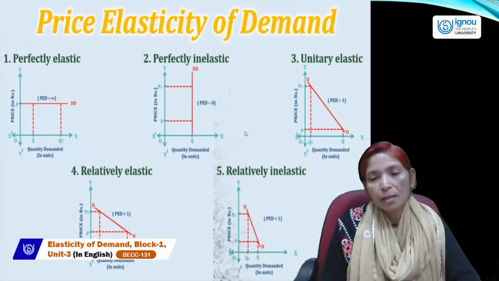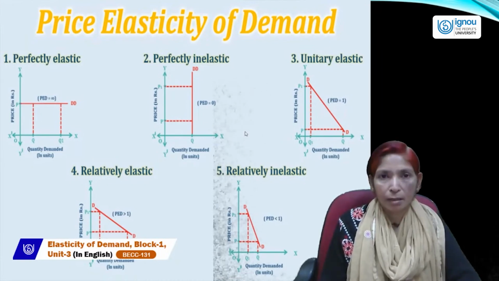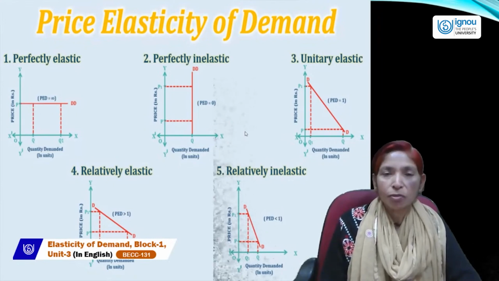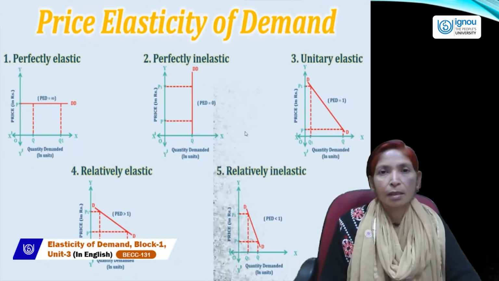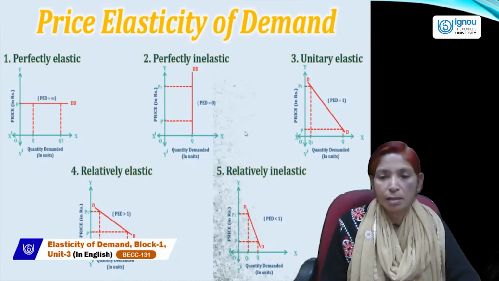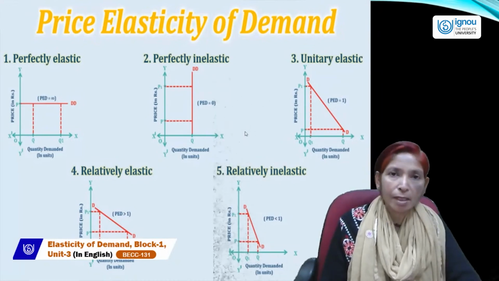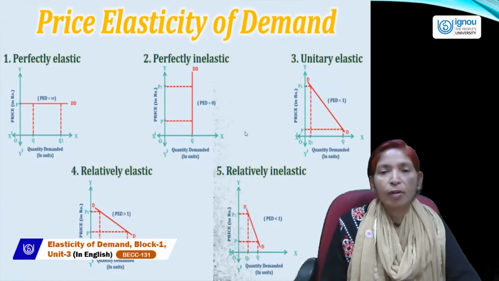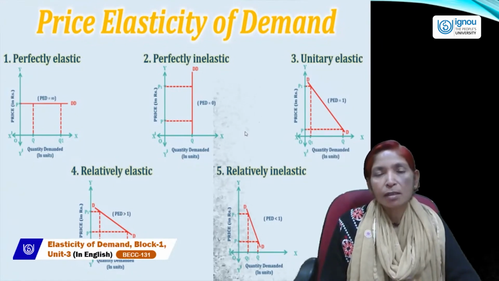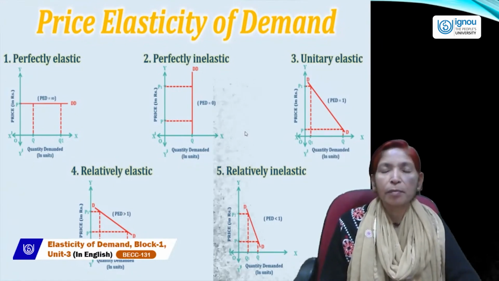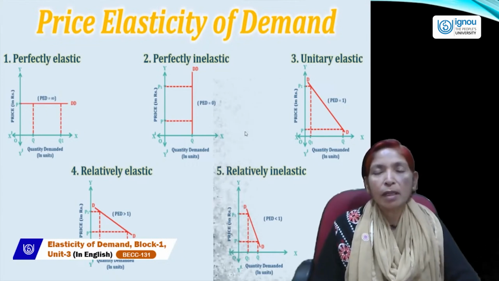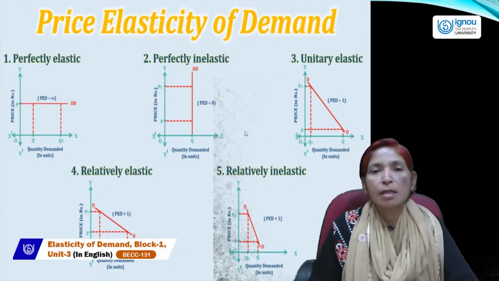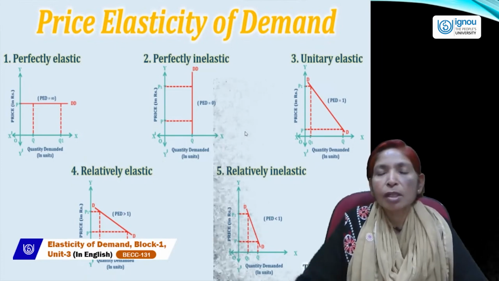Now fifth is relatively inelastic. This fifth situation, relatively inelastic, is also known as less than unitary elastic. In case of less than unitary elastic, demand changes less than the change in price, or in other words, the percentage change in quantity demanded is less than the percentage change in price.